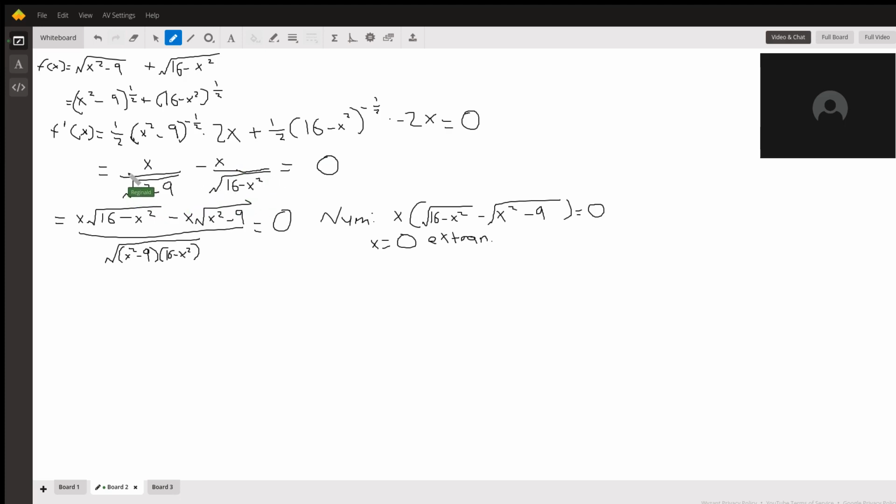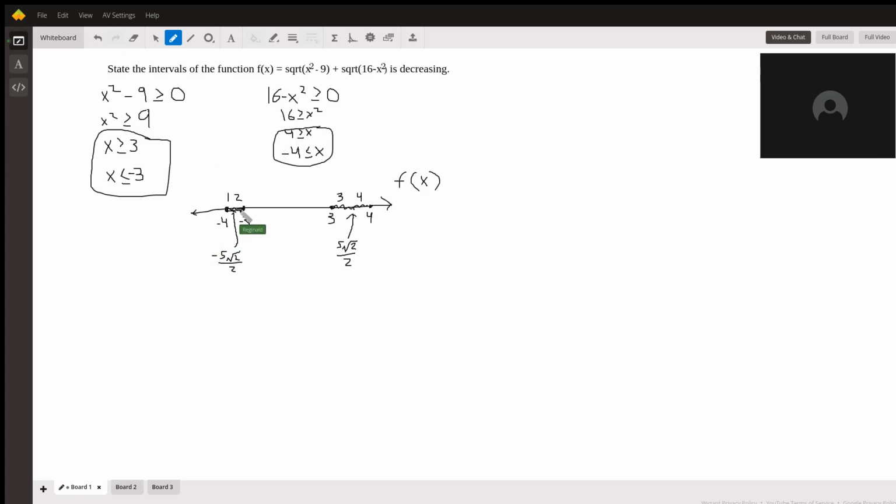If it comes out to be negative, then it's decreasing. Same thing for the second interval, the third interval, and the fourth interval. I'm going to grab the calculator, and I can check this with Desmos later. Hopefully you're familiar with Desmos, the graphing software.